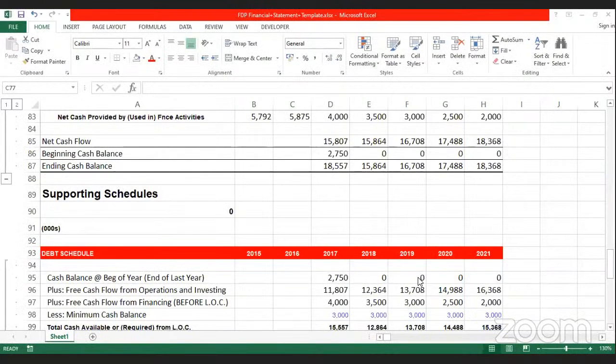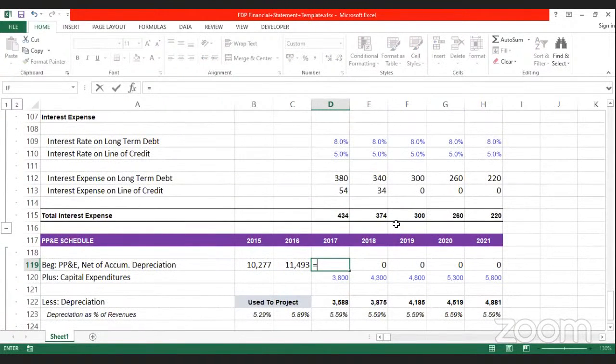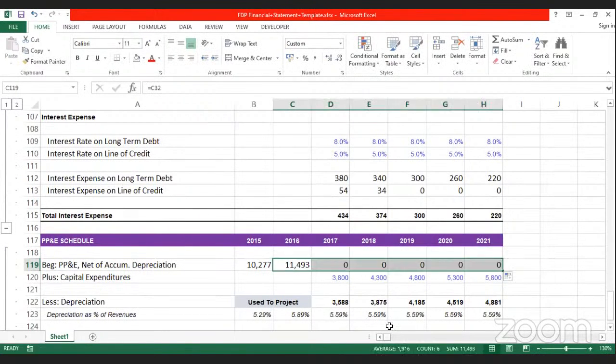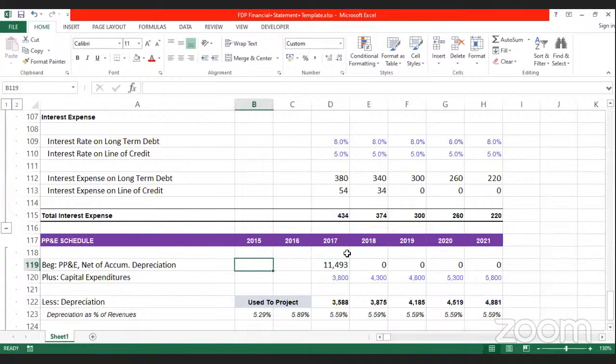Why is it not coming? Now it may happen.